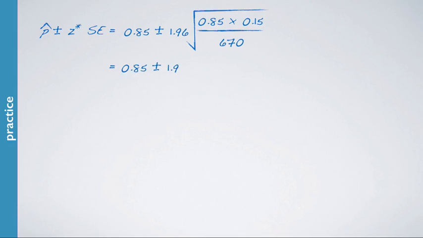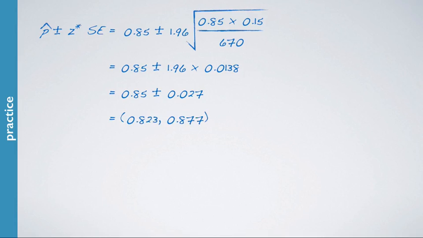That yields a standard error of 0.0138, which multiplied by 1.96 yields a margin of error of roughly 0.027, roughly 2.7%. Therefore, the confidence interval overall is between 0.823 and 0.877.